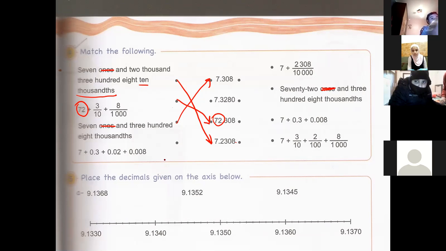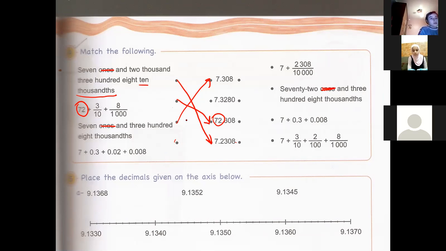Last one. Which one? We line it to 7 and 300. How did we say it? Jad. 328. 3,280. You mean 3,000? 3,200. Okay.